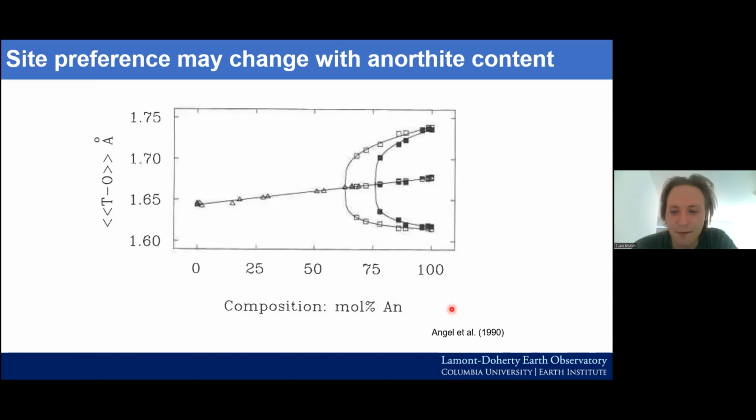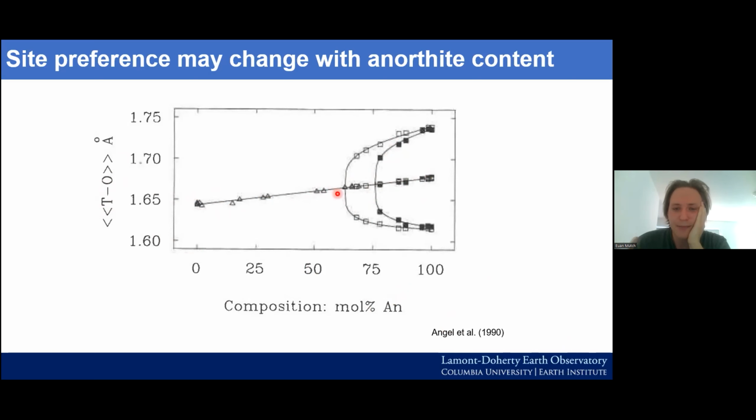And so here's a figure from a Ross Angel paper from 1990, and it looks at the length of tetrahedral oxygen bonds. The triangles are C1 bar domain plagioclases, the squares are I1 bar.